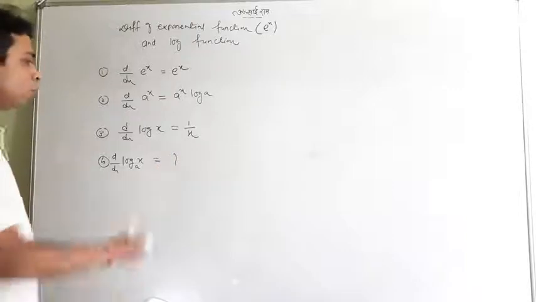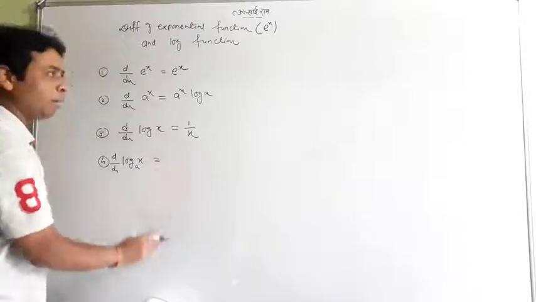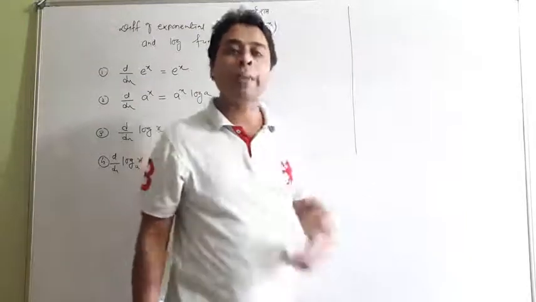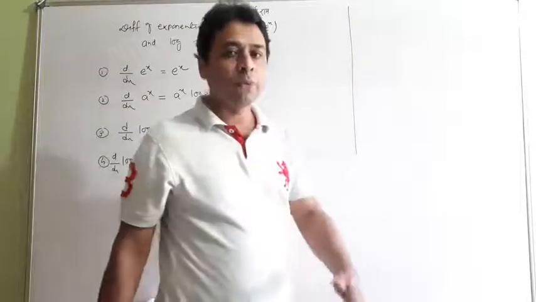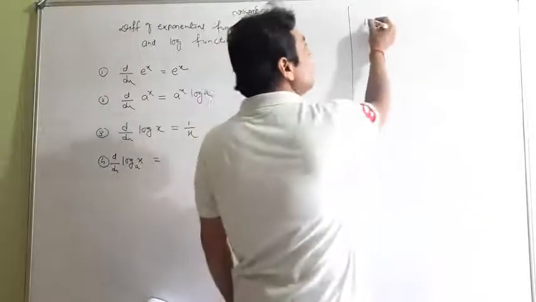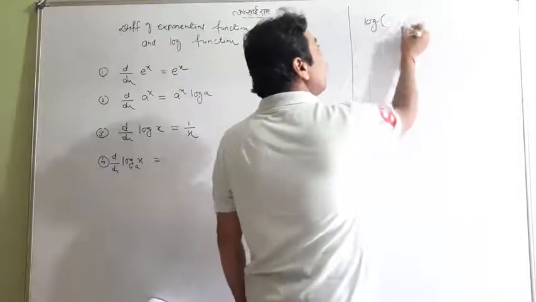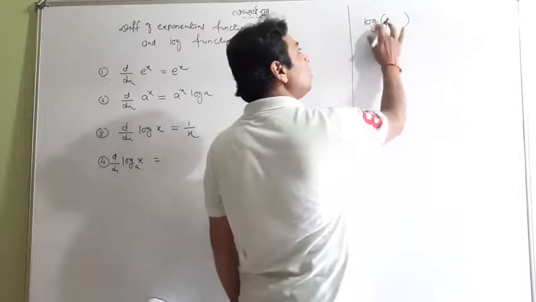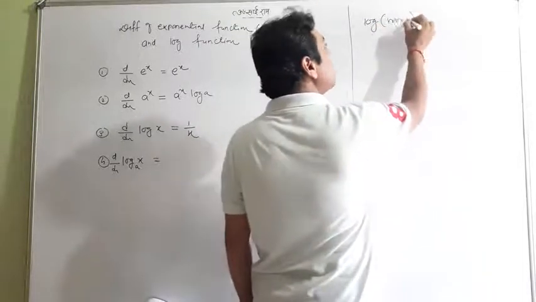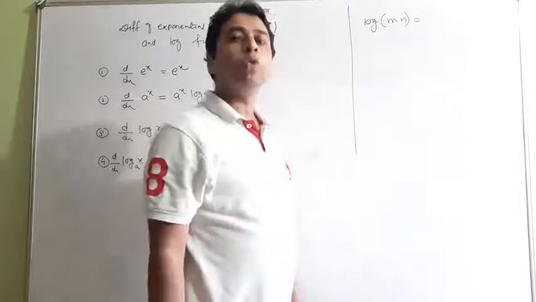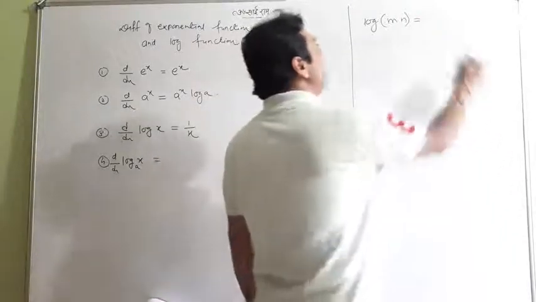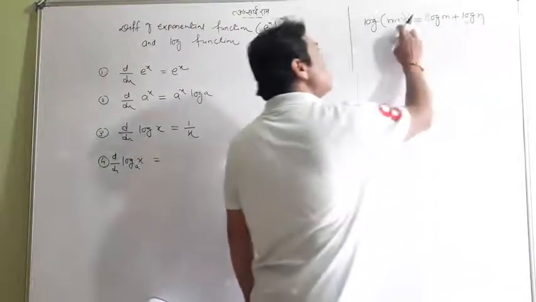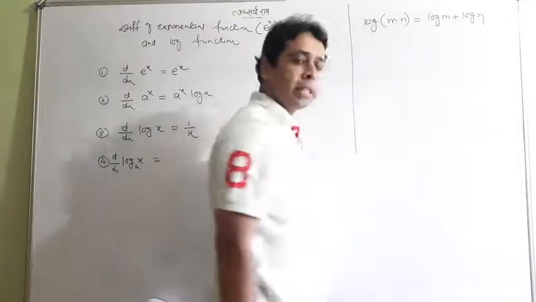I am telling you how we can find this formula by using a few fundamental concepts. Under the log, I am writing all the formulas with base e, not writing it there. When two numbers are in multiplication, we write log m plus log n, meaning multiplication separates into a plus sign.